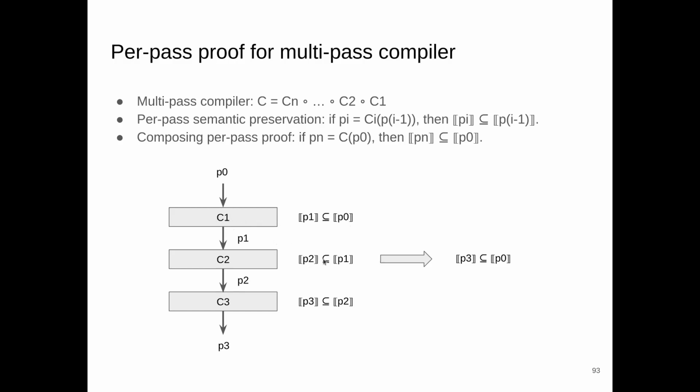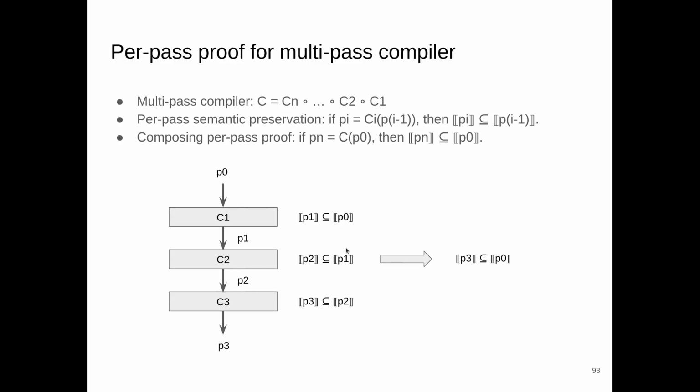And P2 semantics is a subset of P1 semantics. P3 semantics is a subset of P2 semantics. We only need to prove all these three. Each pass preserves the semantics. So if this is proved, then we can mix them all together into this statement, which says that the final target semantics is a subset of the initial source semantics, which is the final statement of the compiler's correctness.